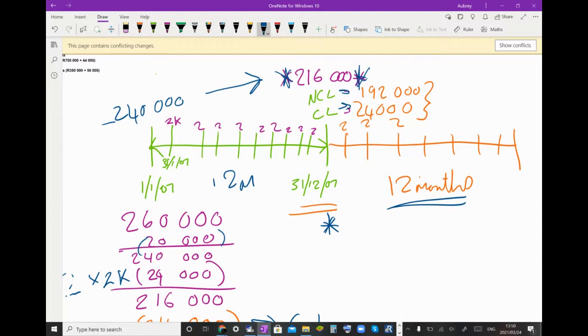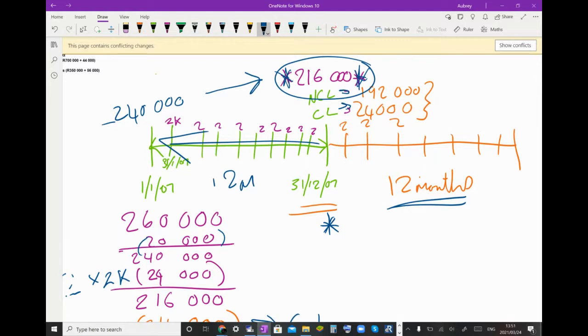So everything that has happened here is behind us, and we're still moving forward. So of this total that we're owing on this car, how much of it are we paying within 12 months? And how much are we paying within more than 12 months, or have to pay after 12 months?